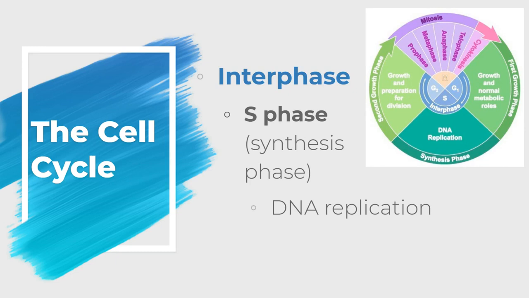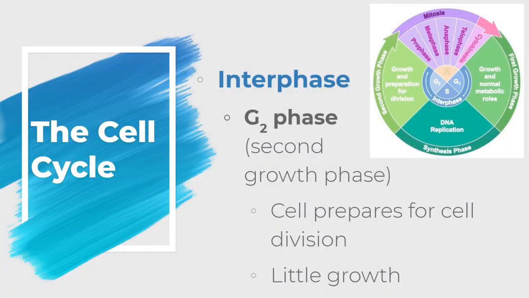The next part of interphase is called the S phase or synthesis phase, and this is where the DNA replicates. So this is where your cells start preparing themselves to go through replication or to go through division. So this is where we go from having 46 chromosomes to 92. And then the last part of interphase is going to be the G2 phase, also known as gap 2 or the second growth phase.